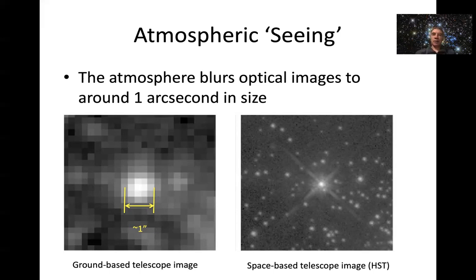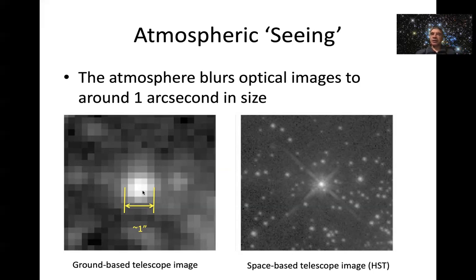It gets refracted and bent around and basically gets blurred out, so that really it's like looking through a kind of bathroom window that has that kind of blurring effect. So most images, the size of a stellar image would be around about 1 arcsecond. This is referred to as atmospheric seeing.